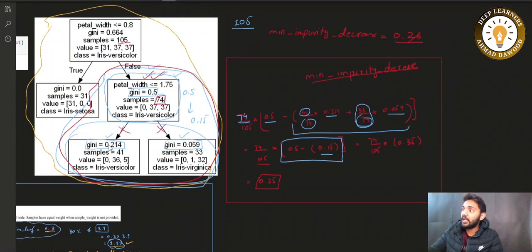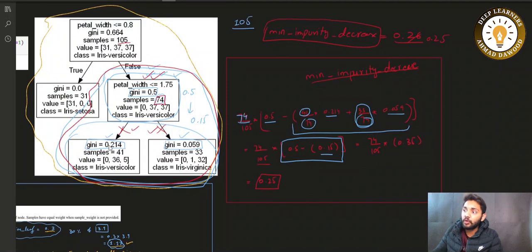If you had specified 0.25 or less, then this split would be allowed, because you have passed the condition of the hyperparameter, which is minimum impurity decrease.